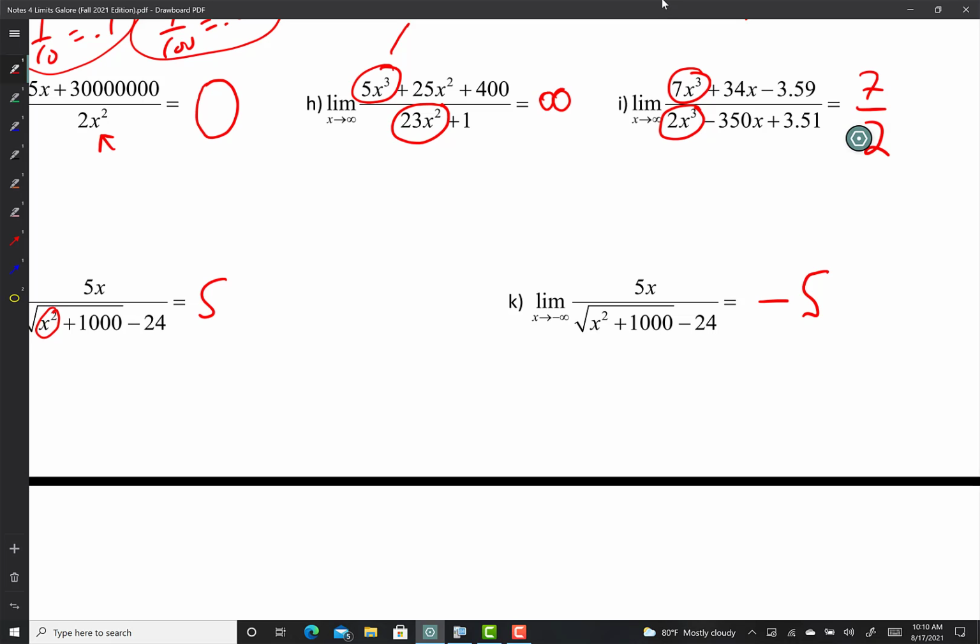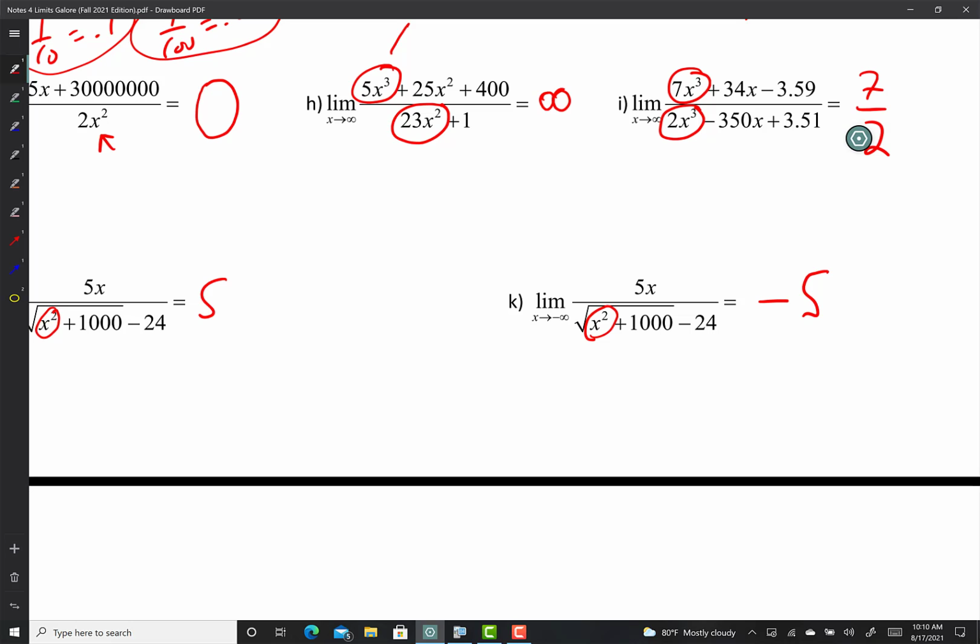We gotta understand the concept behind why it's negative 5. So the reason why we have this answer as negative 5: the bottom, the denominator, you're always gonna square it first. So will I ever have a negative inside that square root?